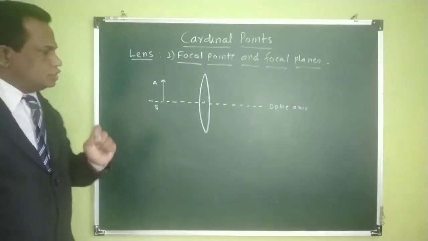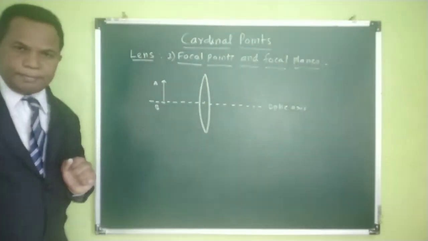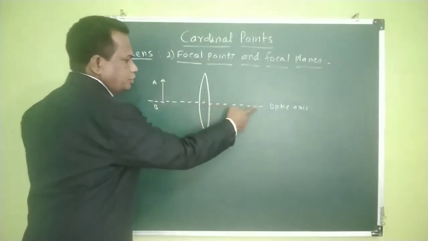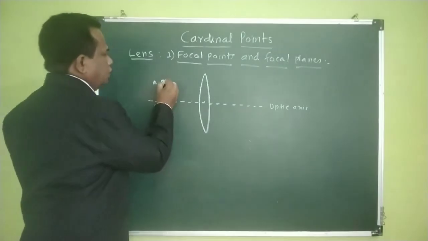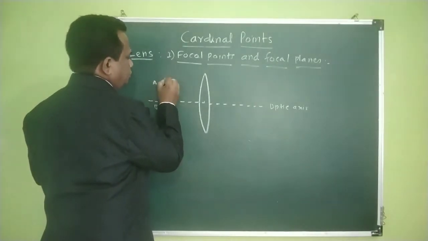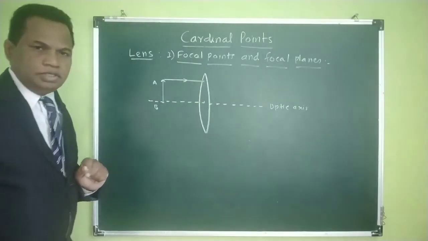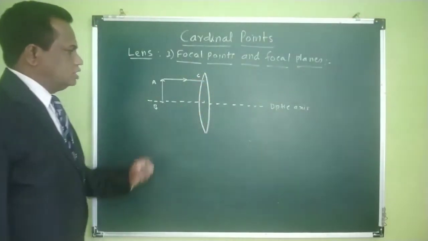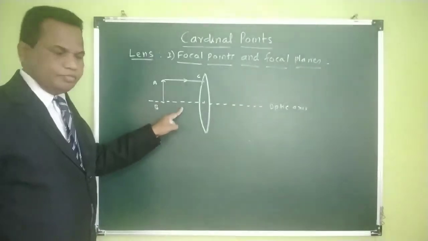Now, suppose this object is placed at a certain point. I can draw one ray parallel to the optic axis from the object. I will start drawing one parallel ray. This is the parallel ray; I will name it AC. AC is parallel to the optic axis.